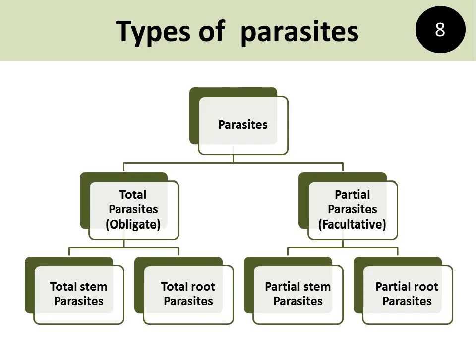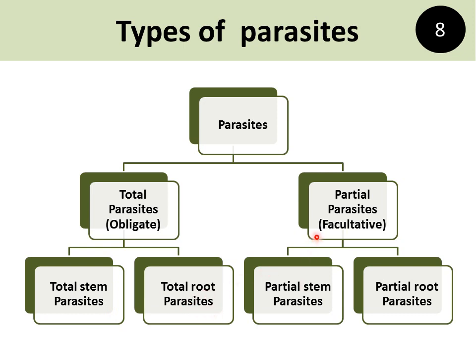Students, parasites are further divided into two types: total parasites, which are also known as obligate parasites, and the second type is partial parasites, which are also known as facultative. Now, obligate parasites are further divided into two categories, that is total stem parasites and total root parasites.